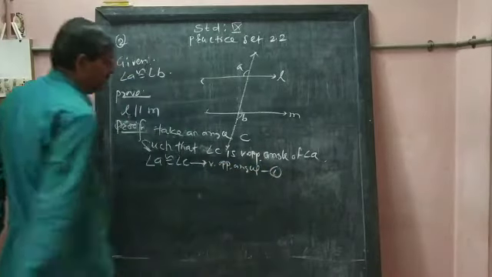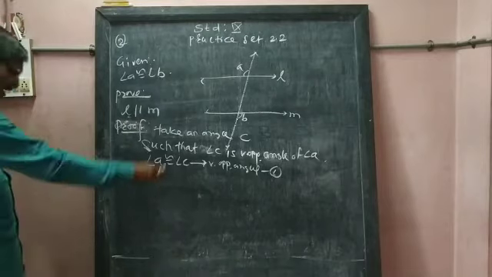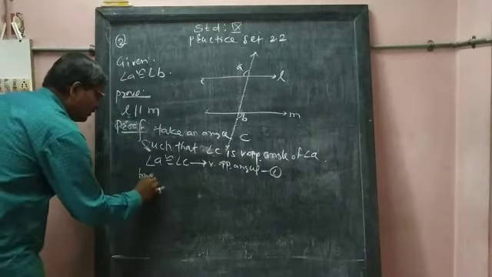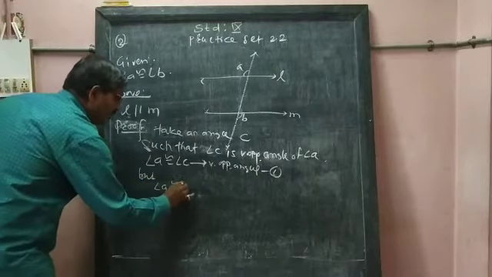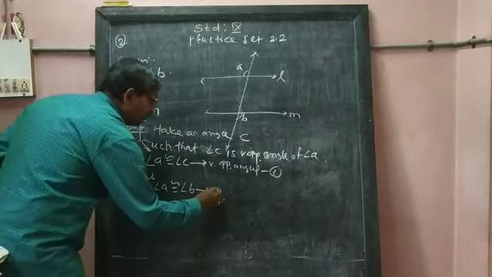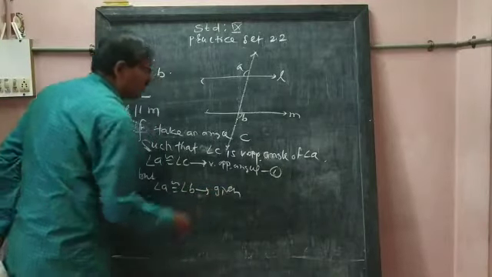This is number 1. But angle A is congruent to angle B is also given to us.